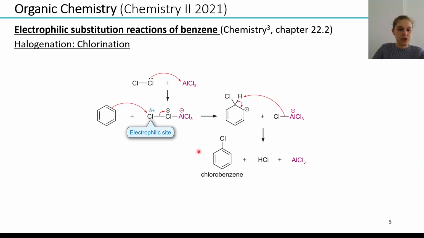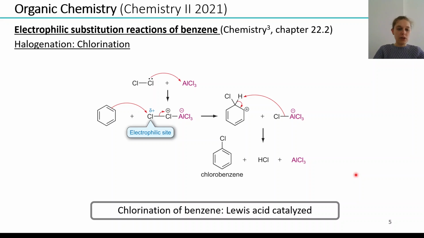Again, one hydrogen atom of the benzene molecule is here substituted with one chlorine, and additionally we generate hydrogen chloride as well as we regenerate our Lewis acid, which acts as a catalyst. So also the chlorination of benzene is a Lewis acid catalyzed electrophilic substitution reaction.